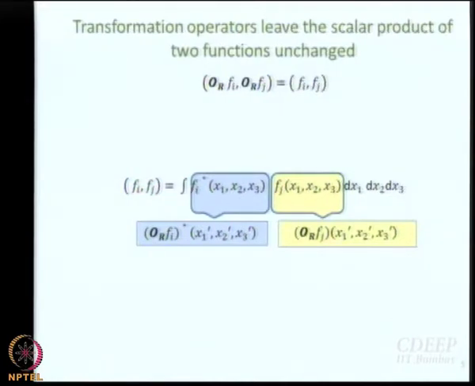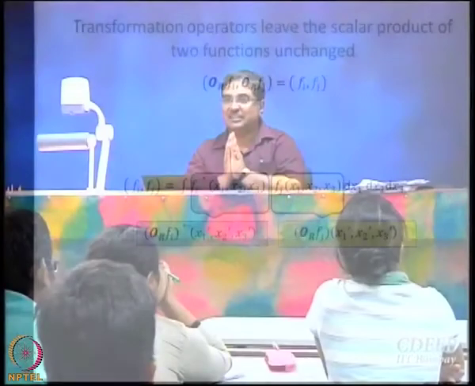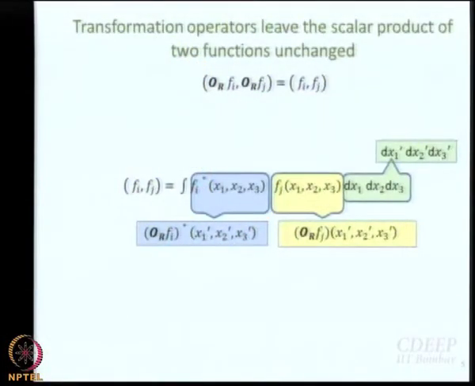What is left to make this a scalar product? dx1, dx2, dx3 is there. Instead of that, if I can transform to dx1 dashed, dx2 dashed, dx3 dashed, right. And that is what we are saying a little earlier, is not it?